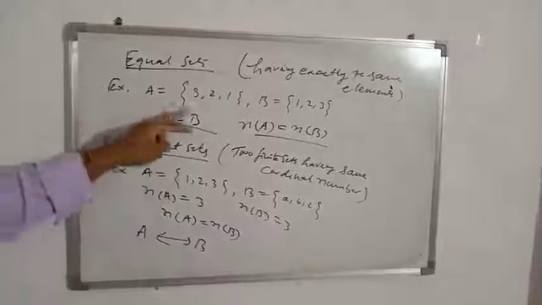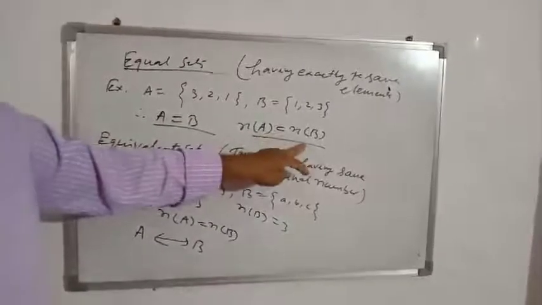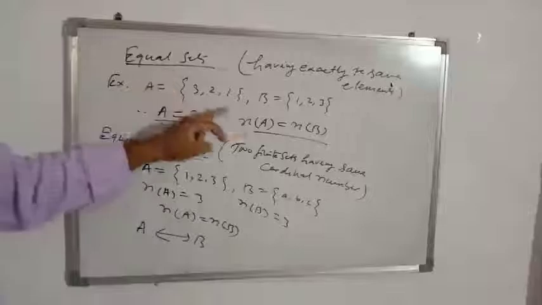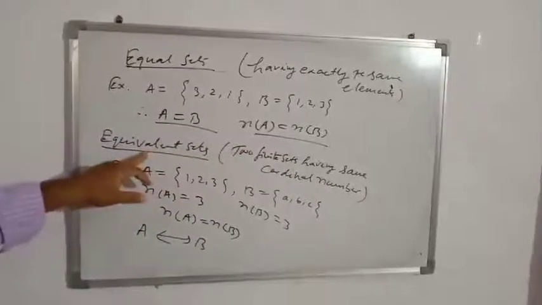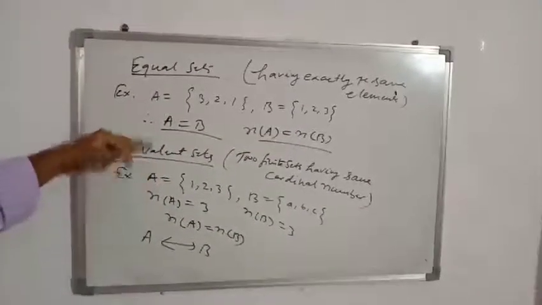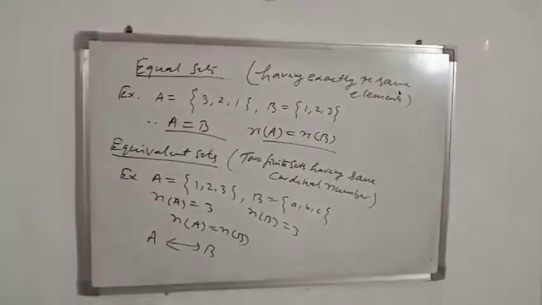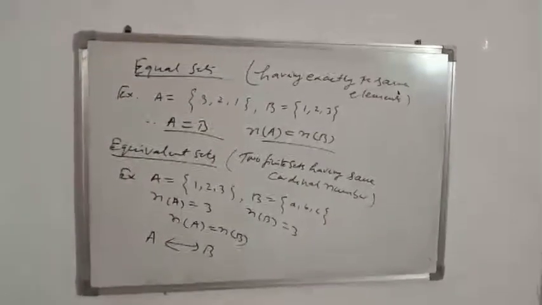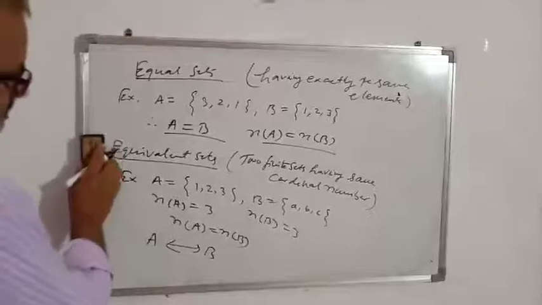So here we see that in equal sets, cardinal numbers are also equal. It means equal sets are also equivalent sets. But equivalent sets are not necessarily equal. So we can write the notes here.